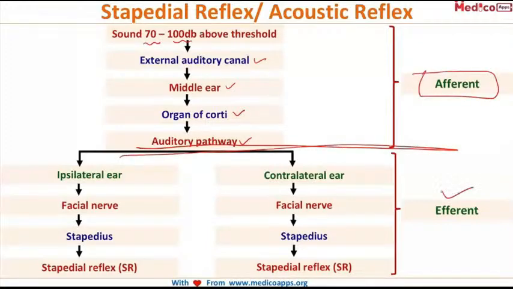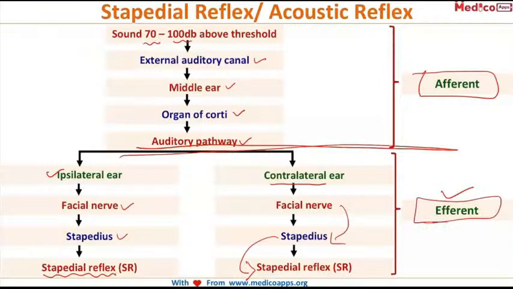When we look at the efferent pathway, in the ipsilateral ear, the facial nerve is stimulated, which in turn stimulates the stapedius, resulting in the stapedial reflex. Also in the contralateral ear, facial nerve stimulates stapedius, resulting in the stapedial reflex. This entire pathway is referred to as the efferent part of the acoustic reflex.